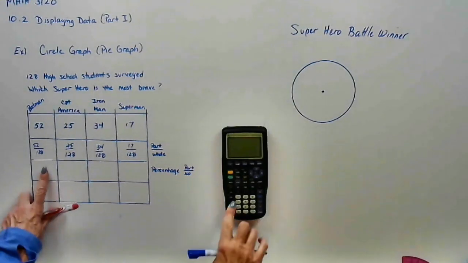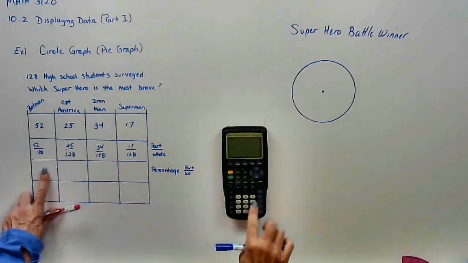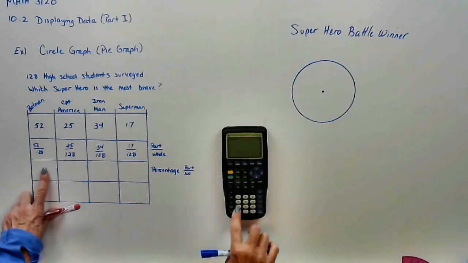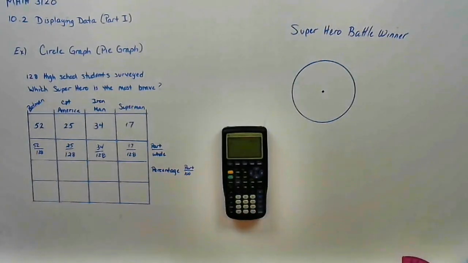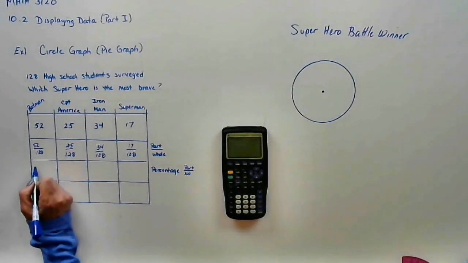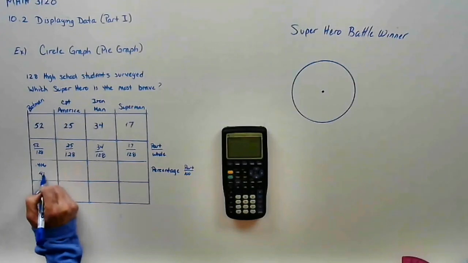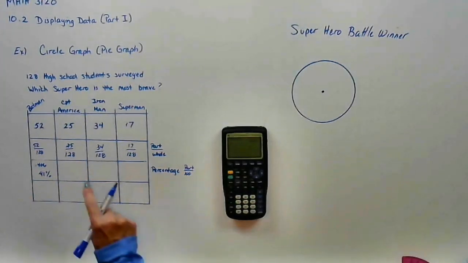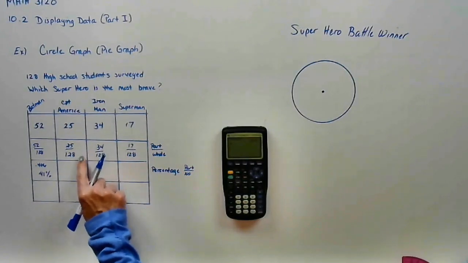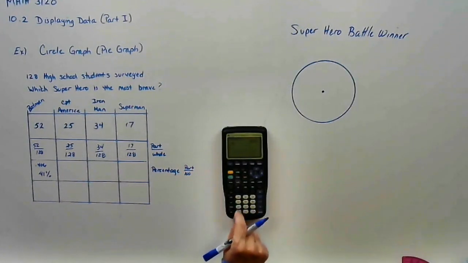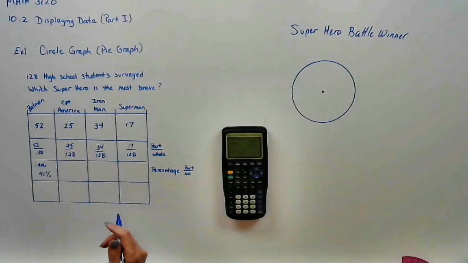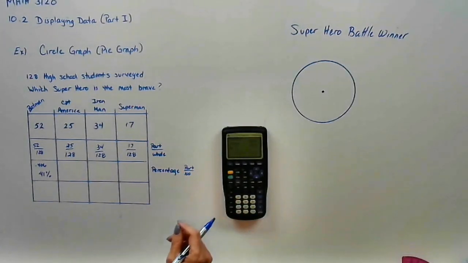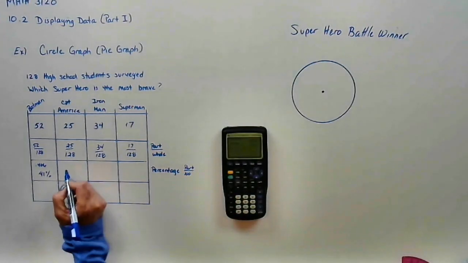So if I take 52 and I divide it by 128, I get 0.406. So 0.406 would round to 41%. Then if I do the same thing with 25 out of 128, 25 divided by 128, I get 0.195.